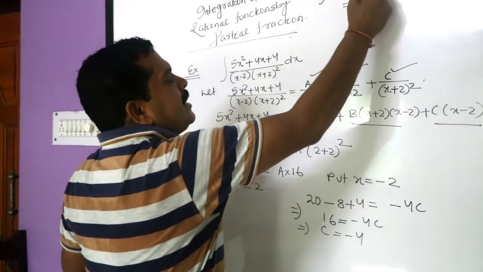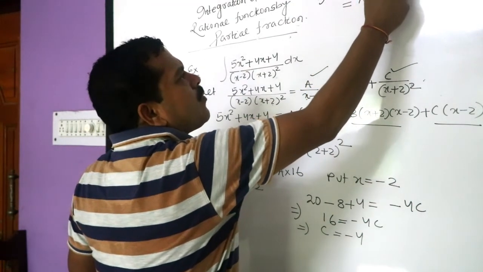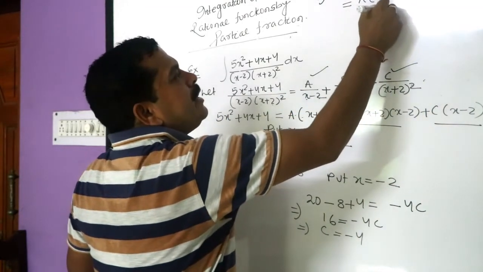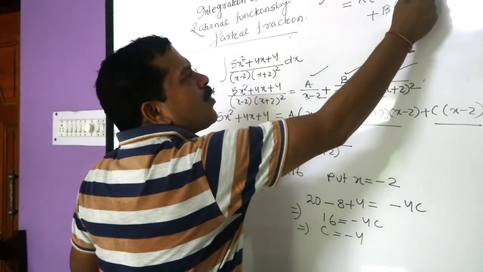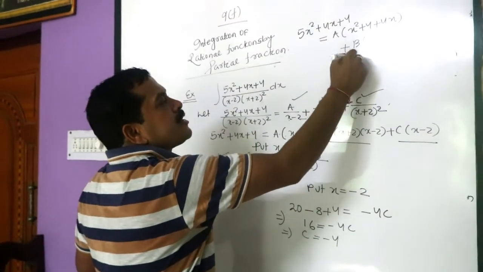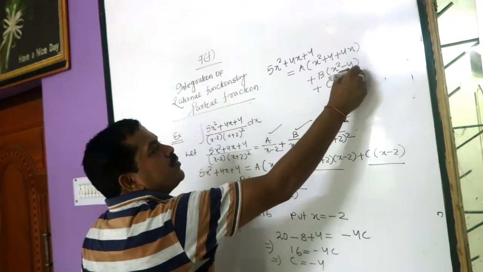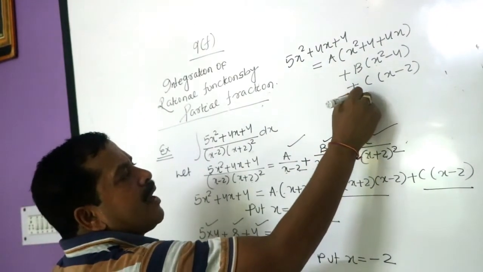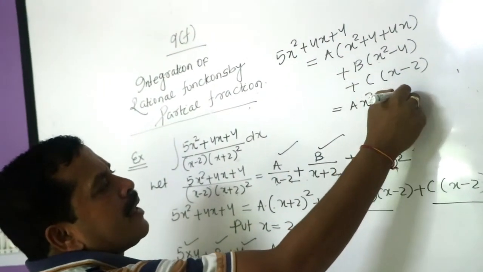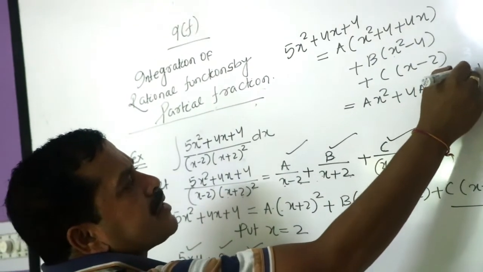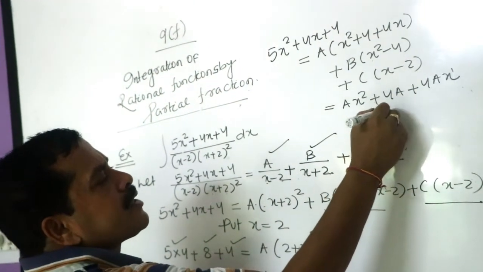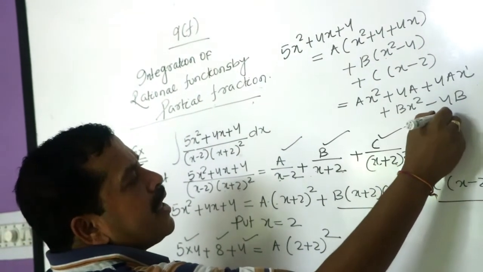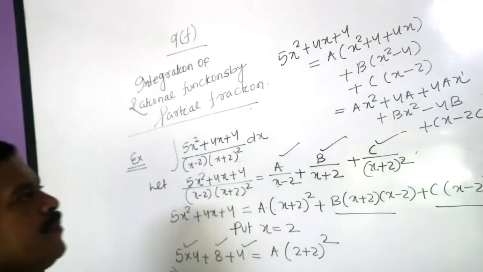And the right hand side is a into (x square plus 4 plus 4x) plus b into (x square minus 4) plus c into (x minus 2), which equals ax square plus 4a plus 4ax plus bx square minus 4b plus cx minus 2c.